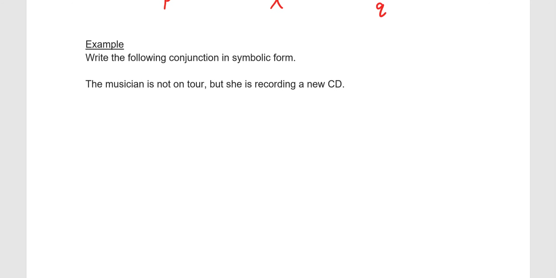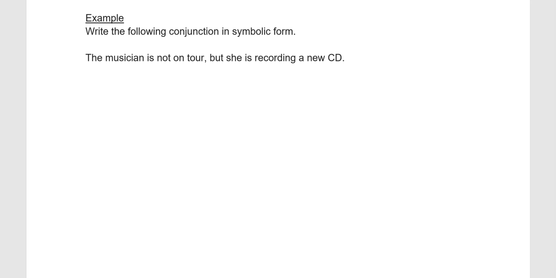Okay, let's do another example. Write the following conjunction in symbolic form. The musician is not on tour, but she is recording a new CD. First we see the word but. That's going to be another form of and, so we know it's a conjunction. We need to let our statements be represented by some sort of letter here. We also have the word not. We have a negation here.